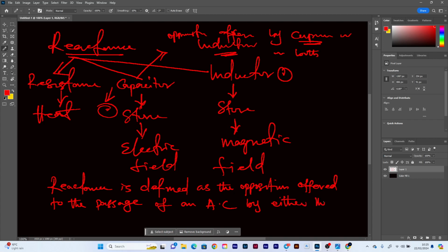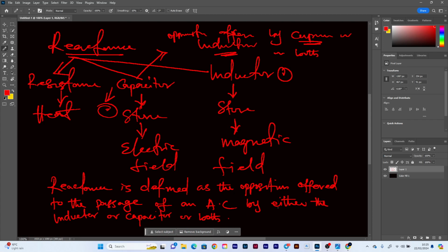By either the inductor or capacitor, or both. Do you understand that now? Yes, sir.